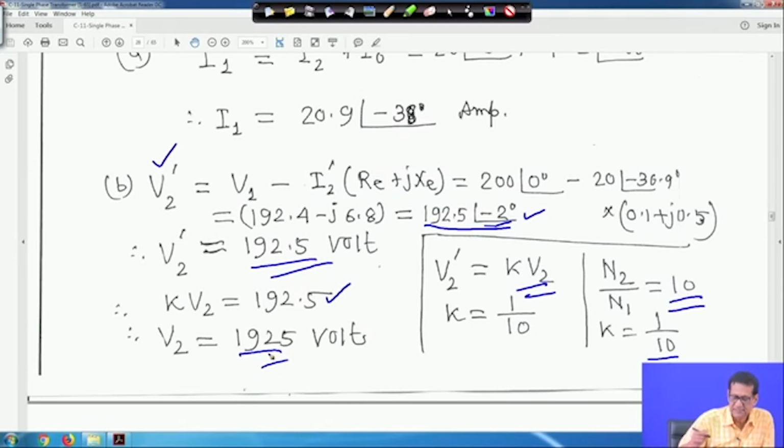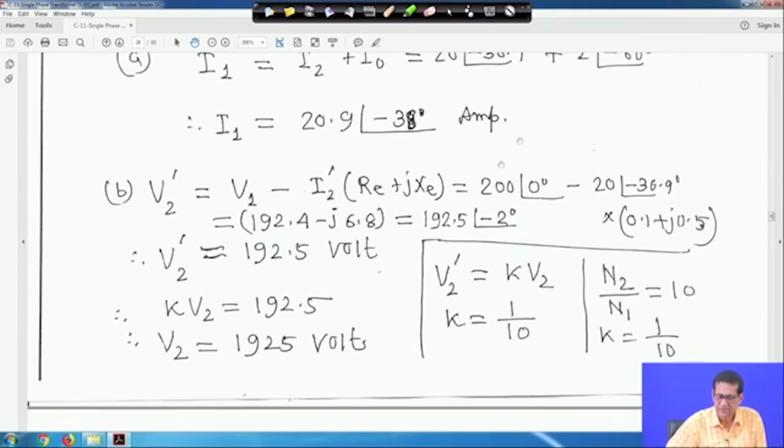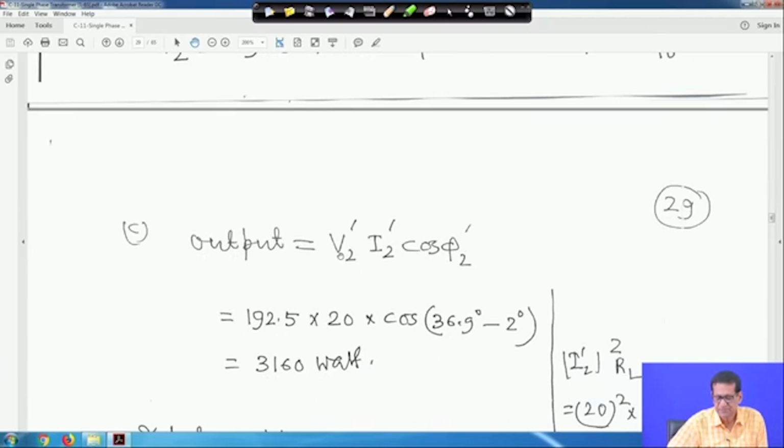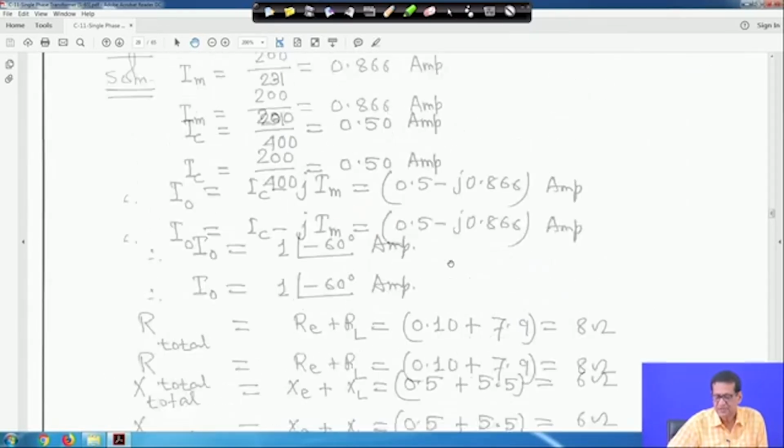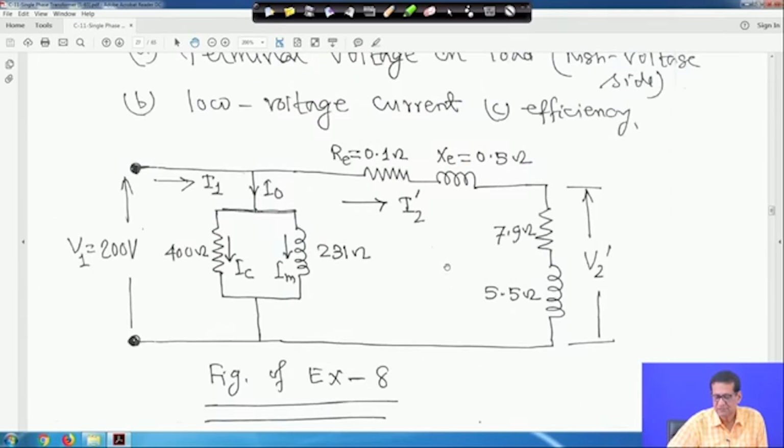and next is the efficiency. When we find the efficiency, output is V2 dash I2 dash cos phi 2. If you look into the circuit, that cos phi 2 dash is actually the difference between the angle of I2 dash and the angle of V2 dash.